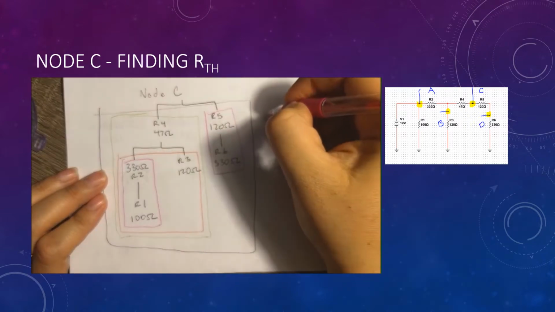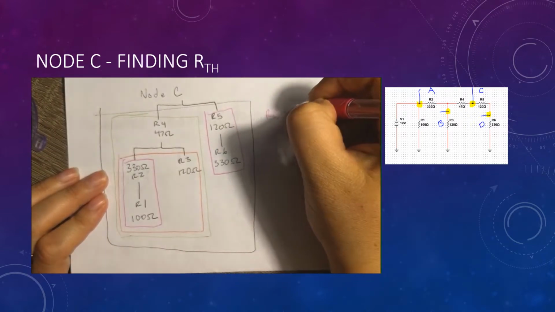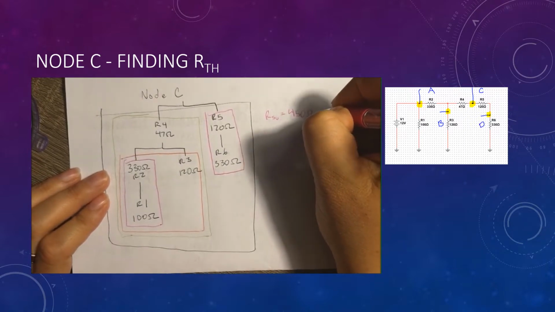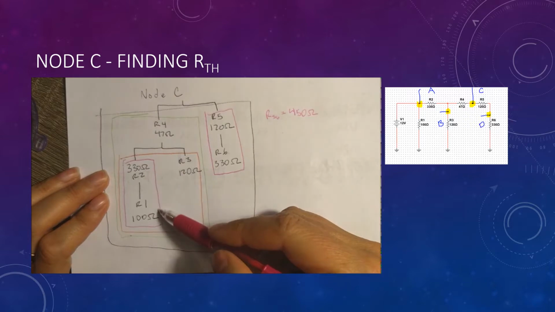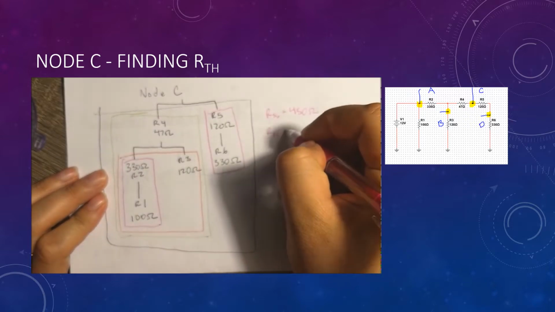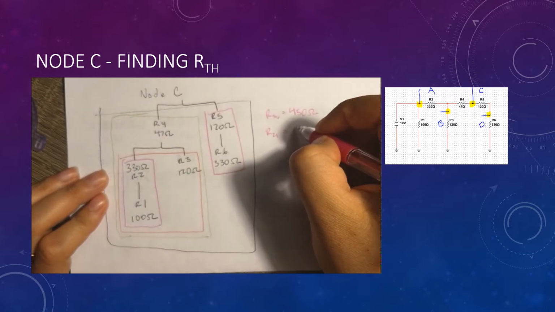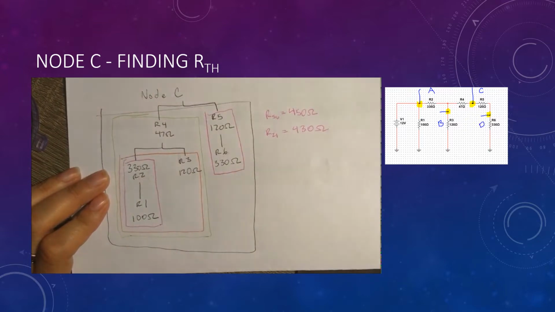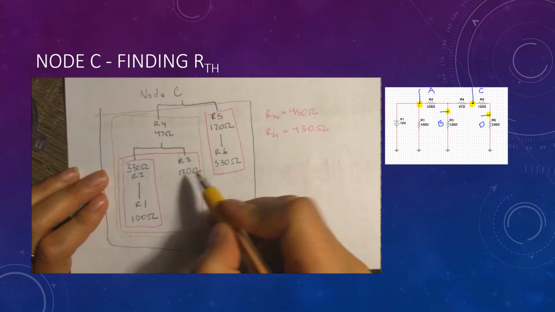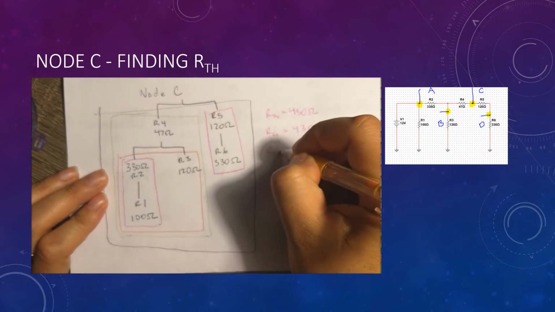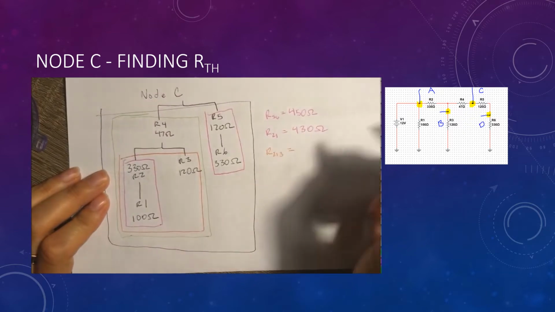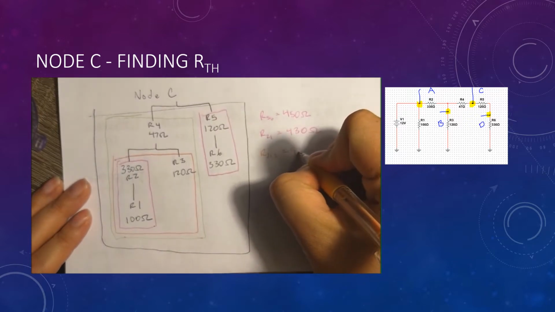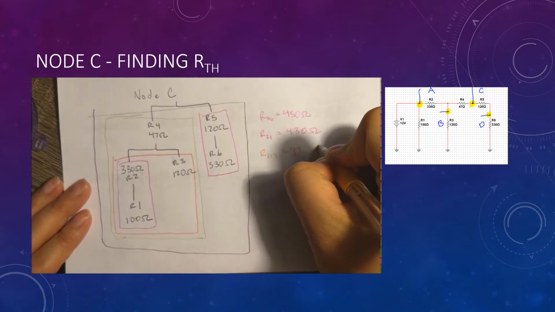Taking the result of R5, R6 in series is 450 ohms. Our series circuit of R2, R1 is 430 ohms. Using the result of R2, R1 series and R3 parallel, we result in approximately 93.82 ohms.